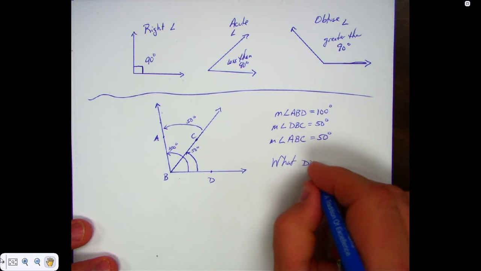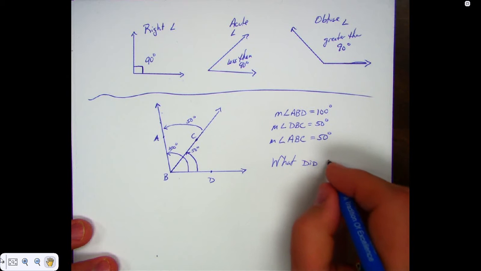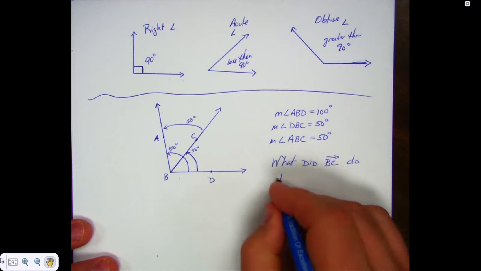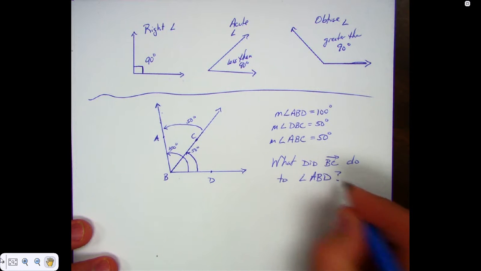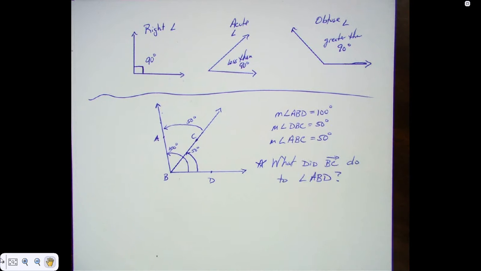See if you guys can talk the language. What did ray BC do to angle ABD? Read it as I'm saying it. How should you read that to yourself?